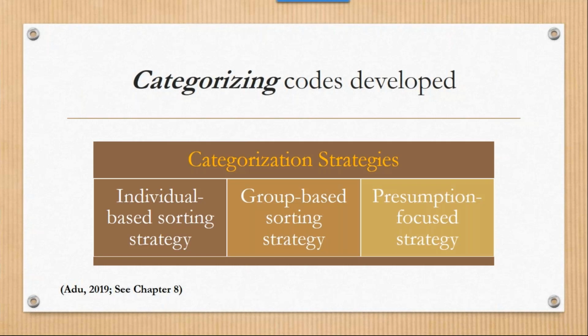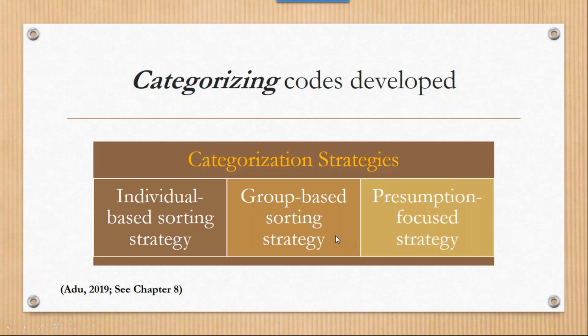Then you run statistical analysis and come up with themes that represent the sorting that they gave you. Everybody sorts, you put everything together, and you come up with the main themes representing the way they sorted the codes. And I explain everything in my book.